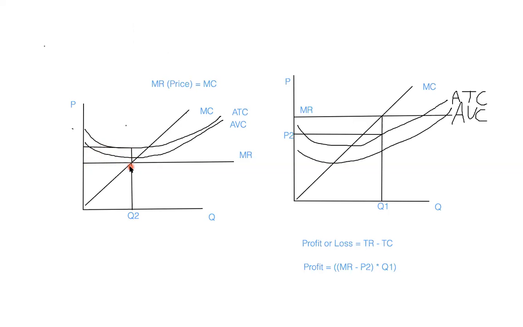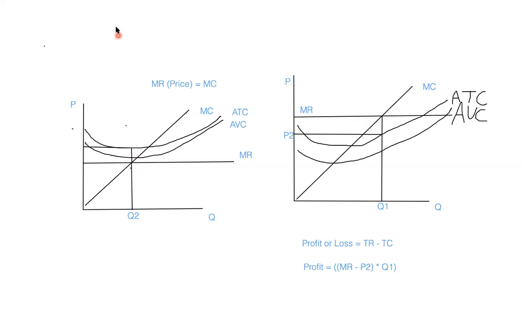And so another important point is that the intersection point between the marginal cost curve and the marginal revenue curve is actually below the average variable cost curve. So because it's below both the average total and average variable cost curve, this firm should shut down in the short run, because as it's operating, it's even losing money on its variable costs.